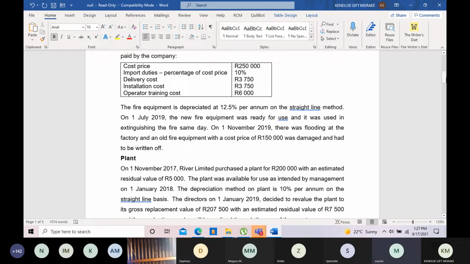This counting rule only applies to the disposal or damaged asset. For the equipment which was damaged, start from January, February, March, April, May, June, July, August, September, October, and end counting on the month of October.